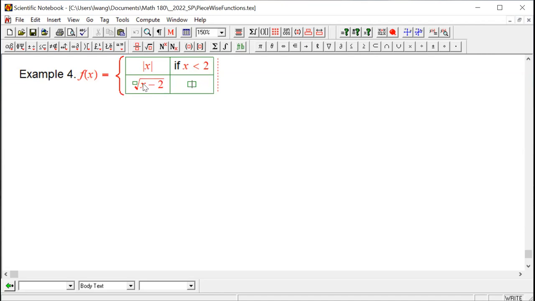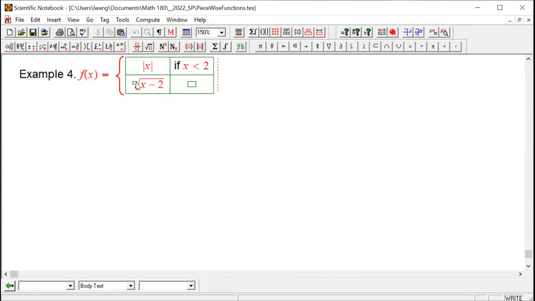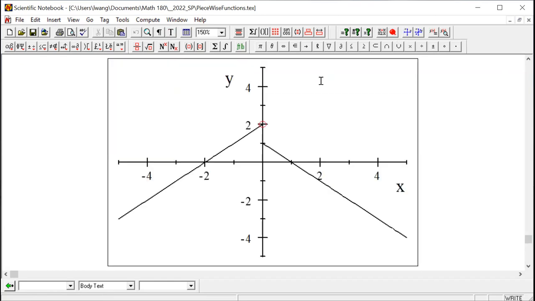So this time I'm going to use the software just to plot it, and I will explain to you.